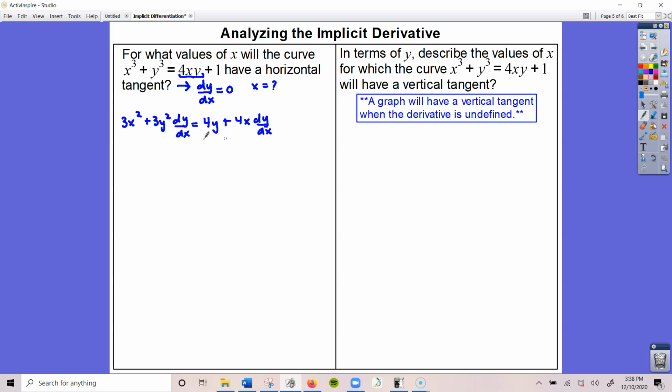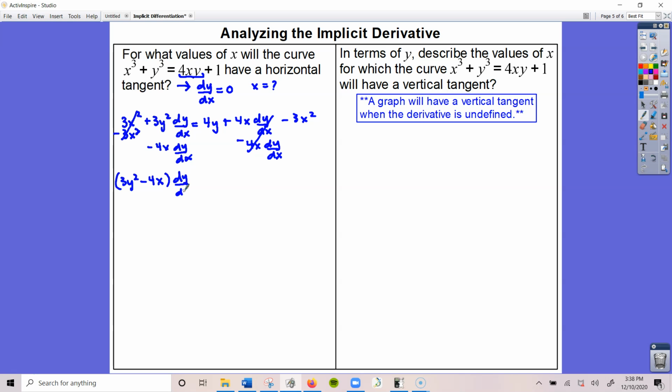I'm going to subtract the 4x dy/dx over, and I'm going to subtract this 3x squared. So what I have now is 3y squared minus 4x dy/dx.